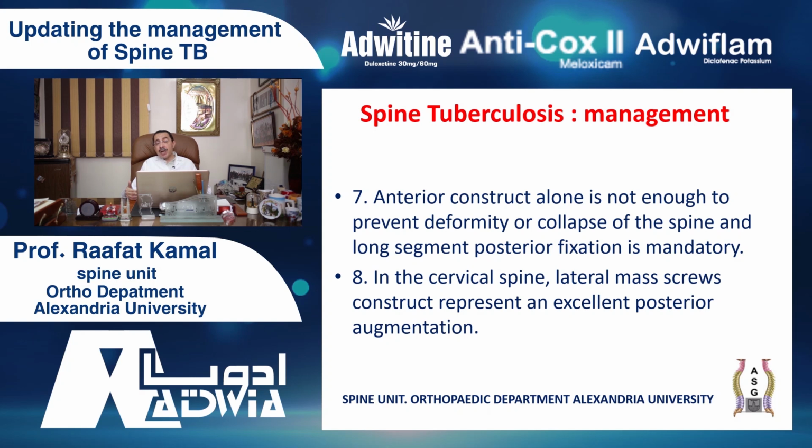In the cervical spine, the posterior augmentation can be done by lateral mass screws. Actually, this construct represents an excellent posterior augmentation, which can be very helpful to prevent any failure in the anterior construct if it is left alone.